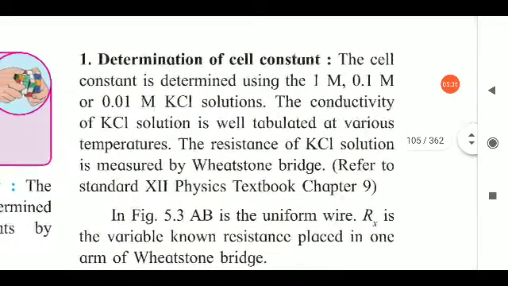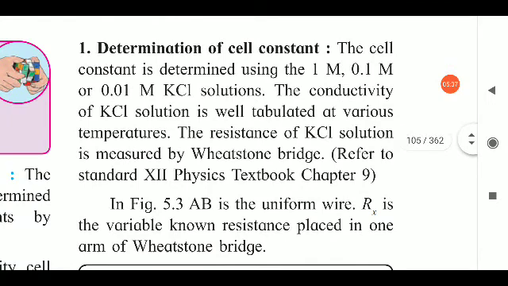That's why for the determination of the cell constant, we have taken perfect 1 molar, 0.1 molar and 0.01 molar standard solutions of KCl.